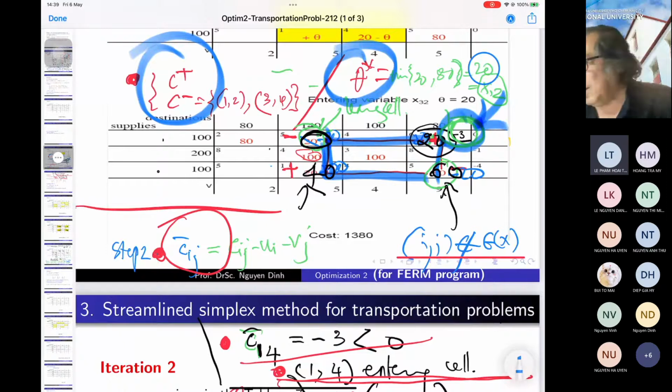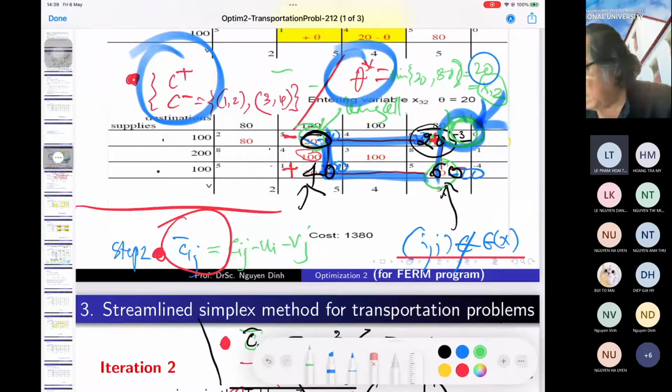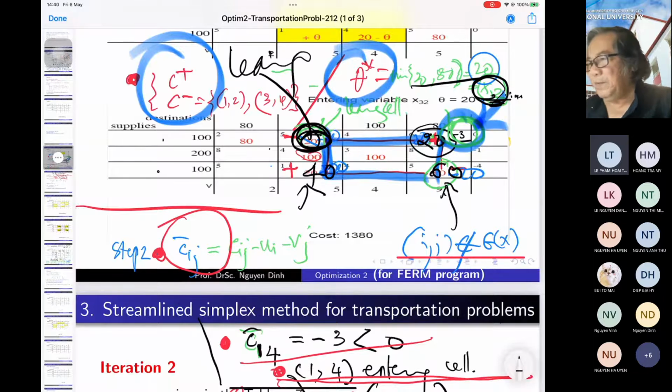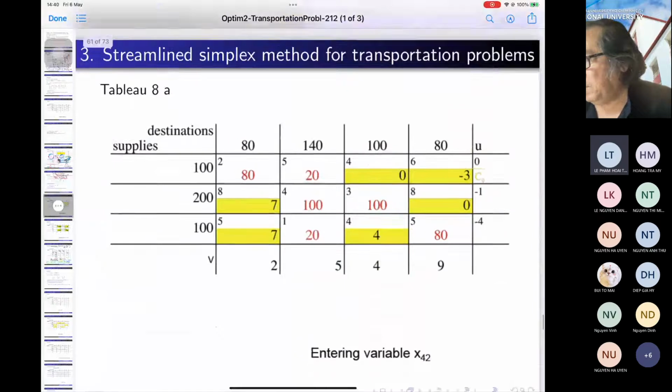Theta star is added in the plus cells and subtracted in the minus cells. If theta star is equal to some xij, then this one is the leaving variable. Then the plus cells get plus theta, the minus cells get minus theta, this becomes 0, and you update the tree.